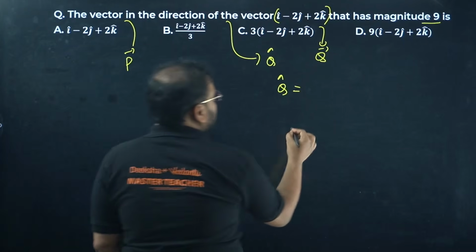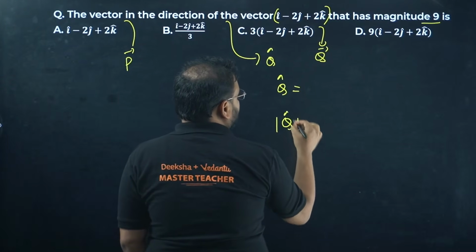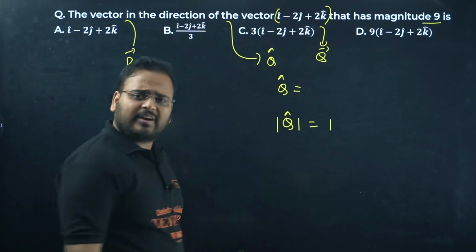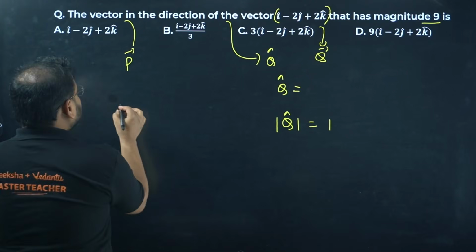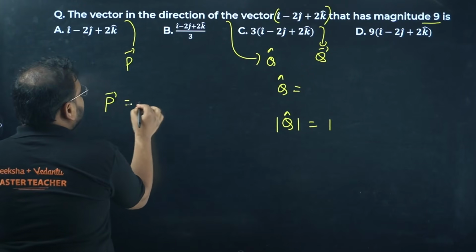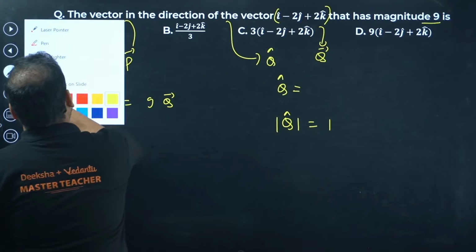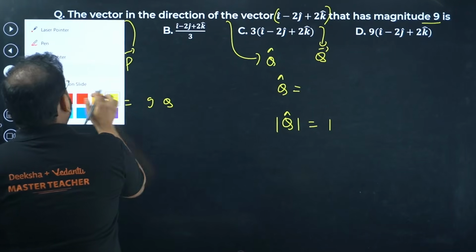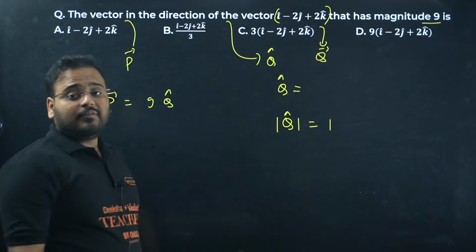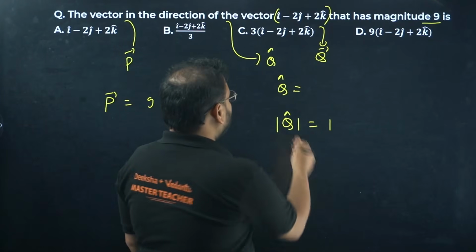Now if I ask you what is the magnitude of vector Q cap, it will be 1. It is a unit vector, it will always be 1. So what are they saying? Basically, vector P is nothing but 9 times Q cap. Let's find Q cap first.